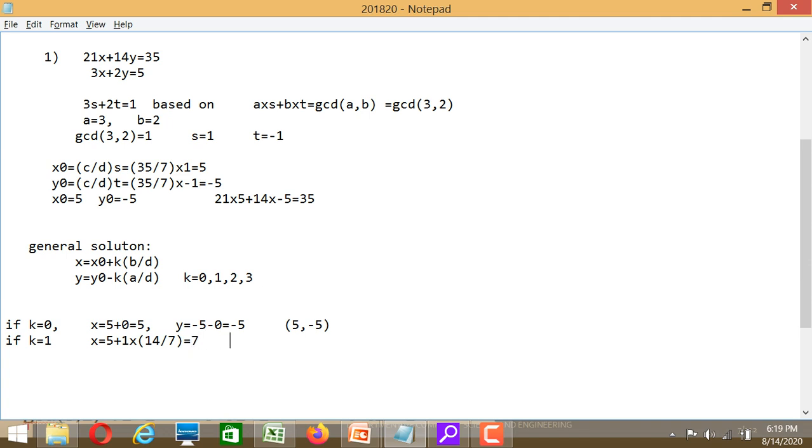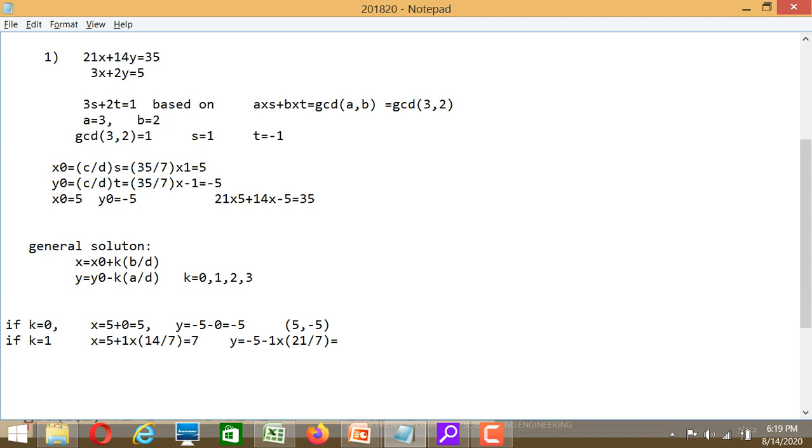Then y is equal to y naught means minus 5 minus k into, that means 1 into a by d. A by d means 21 by d is 7. This is equal to 21 by 7 is 3.